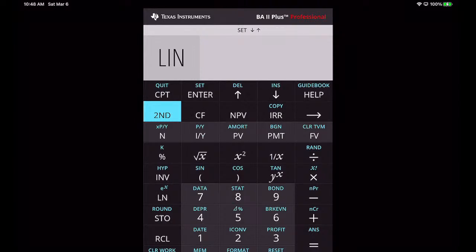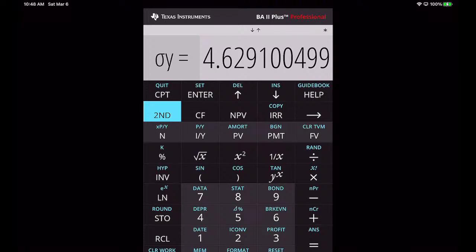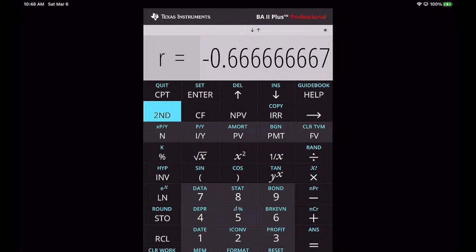I can stat, and I scroll through 7 results: the mean and standard deviation of X, mean and standard deviation of Y. Remember, this is the population standard deviation. I don't use that. And then A, B, and R.